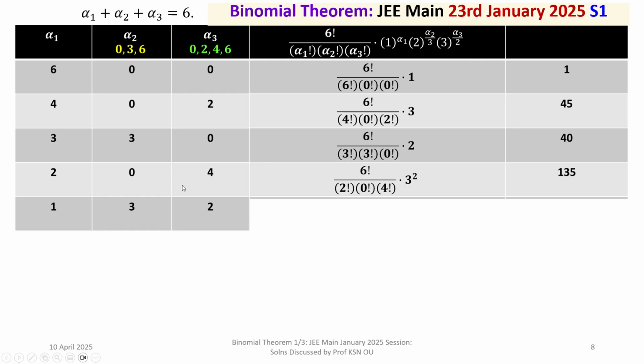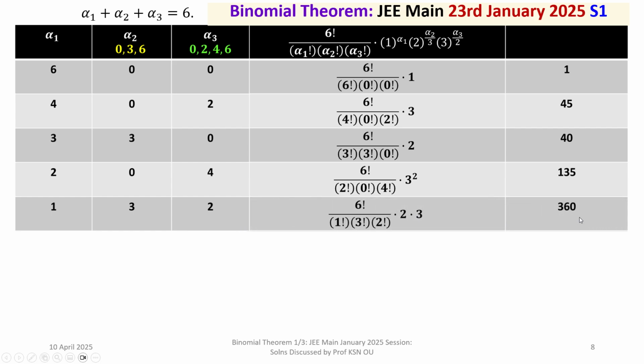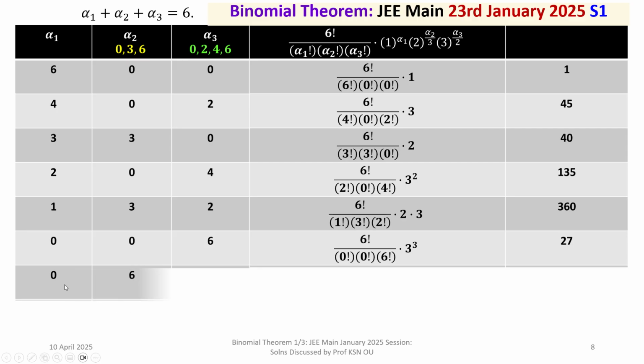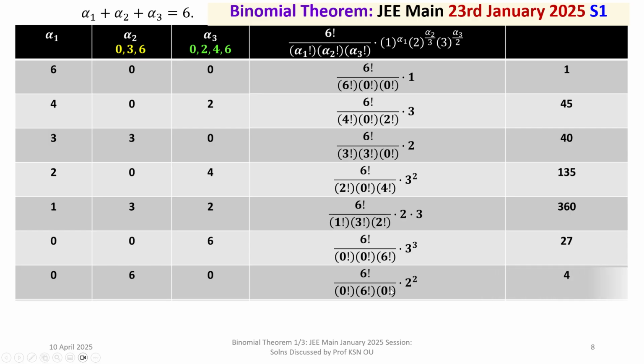Therefore, no combination. 1, 0: if you take 1 plus 0, 0, 1, we don't have a 5 for alpha 3. Therefore, we start with the next one, 1, 3, 2. Substitute here, you get 360. Now alpha 1 is 0, alpha 2 is 0, alpha 3 is 6. Yes, it works. We will get 27. And 0, 6, 0, yes, it works here. Thus we have exhausted all possibilities.